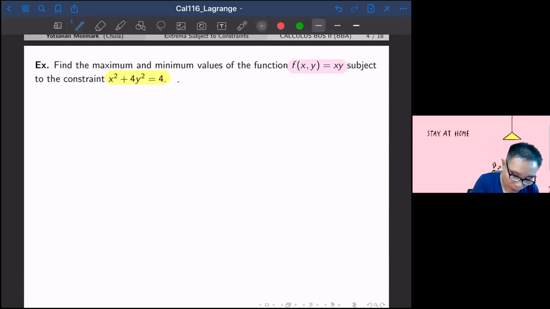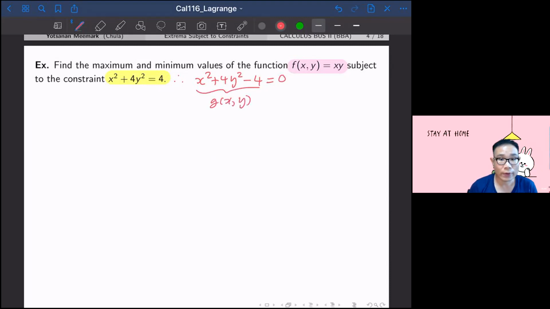You let one side equal to 0, so you get x squared plus 4y squared minus 4 equal to 0, and this will play the role of g(x, y).